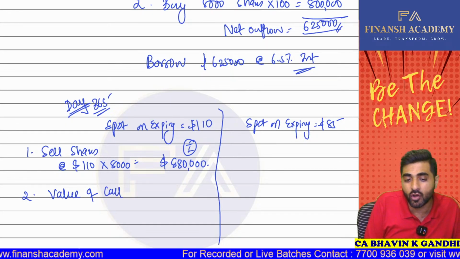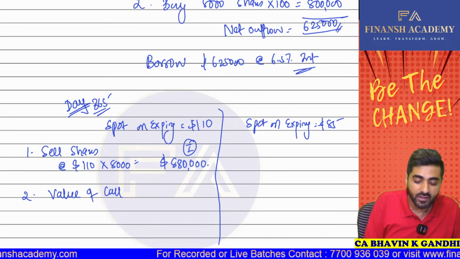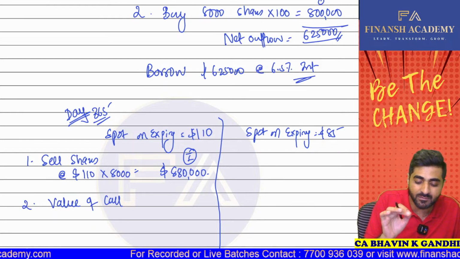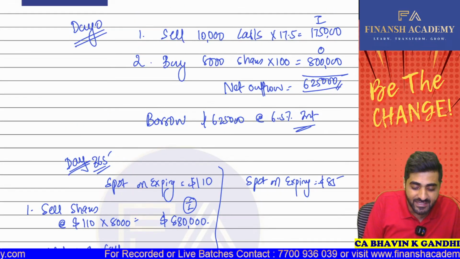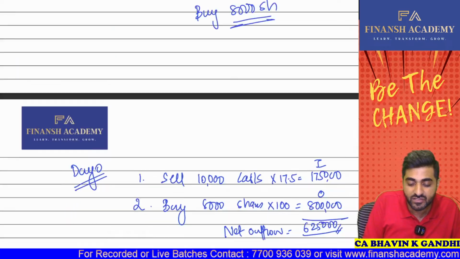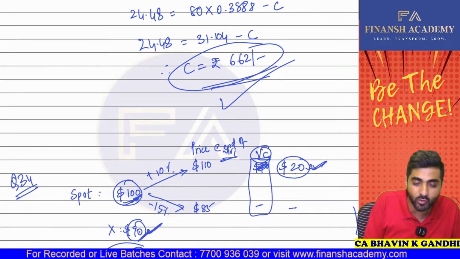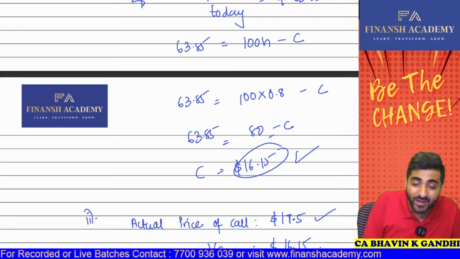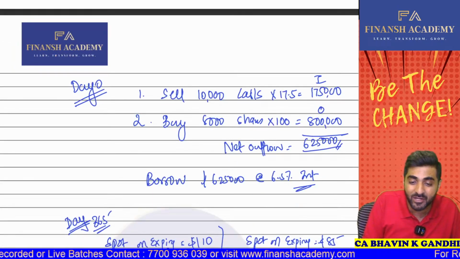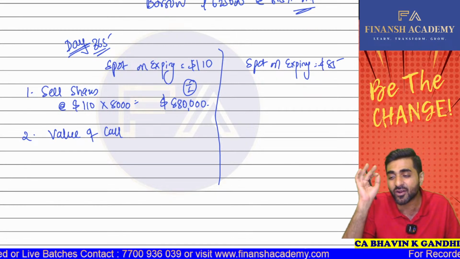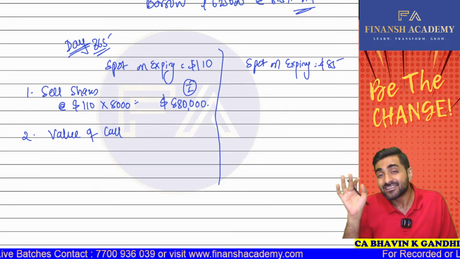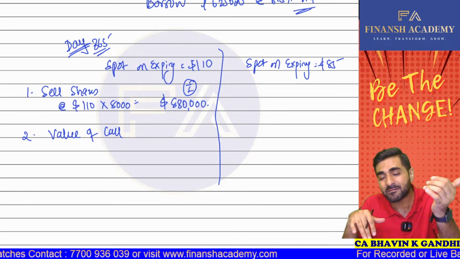So your value of call, when the spot becomes 110, can I say the value of call which we have got here at the end of year one is going to be $20? Now, mind you, my dear students, we are a seller of the call option. We are selling calls and we are buying shares.